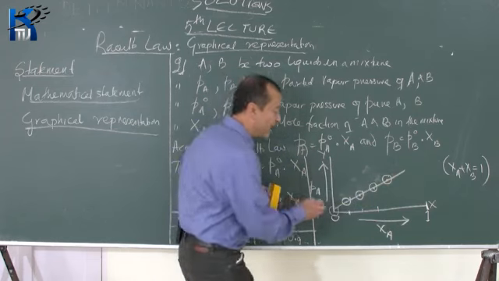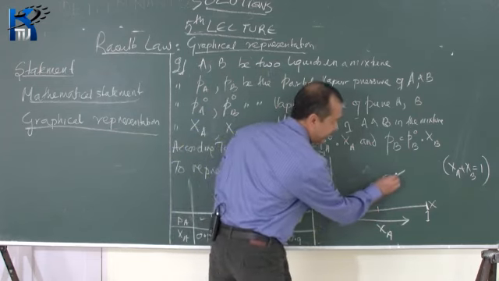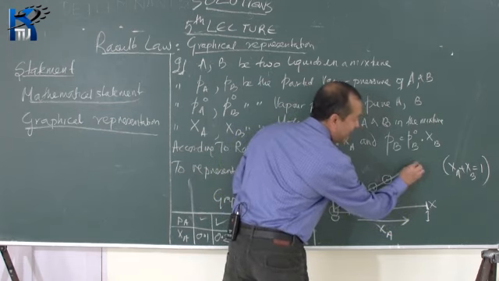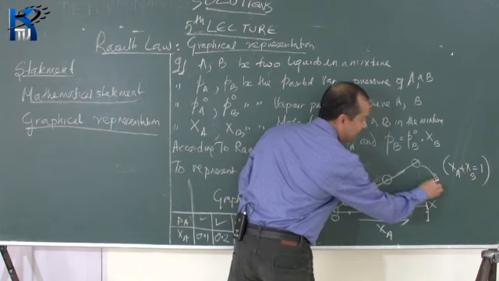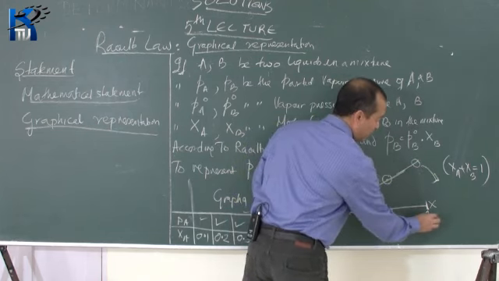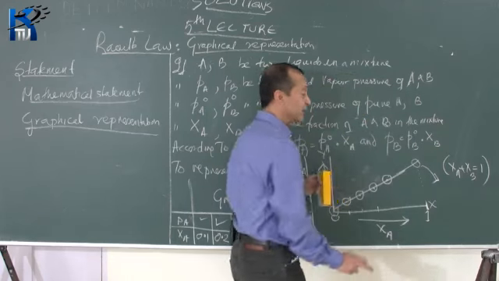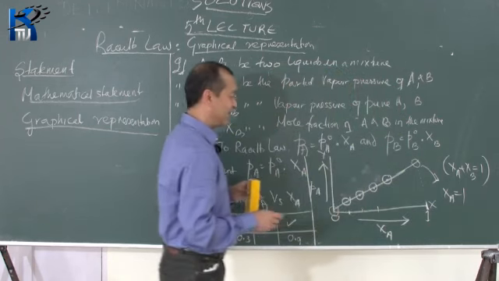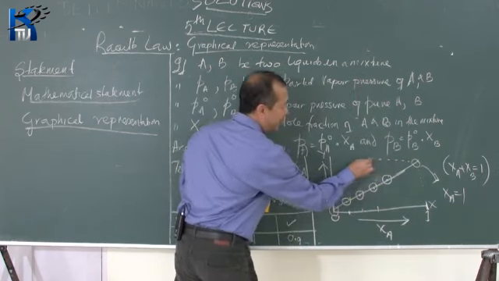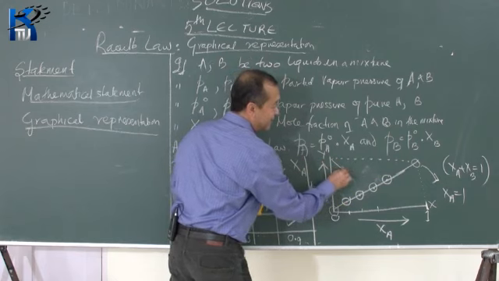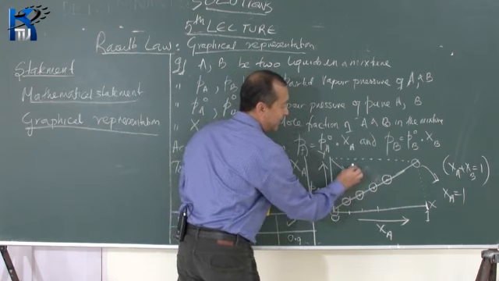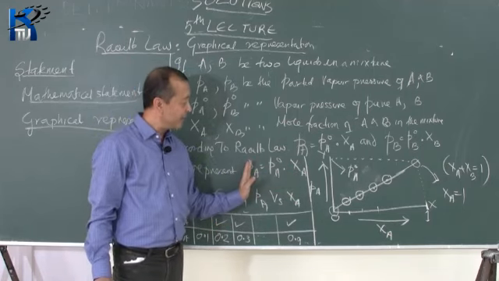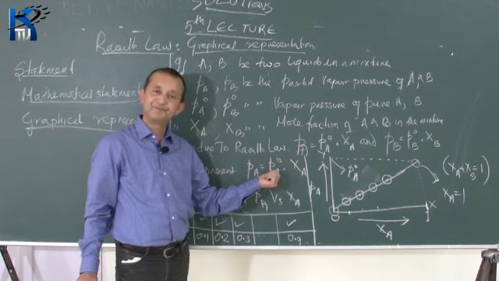Now when you extrapolate this graph to the value when XA is equal to 1, this value of PA will be equal to PA naught. Because when XA is equal to 1, PA will be equal to 1 into PA naught.